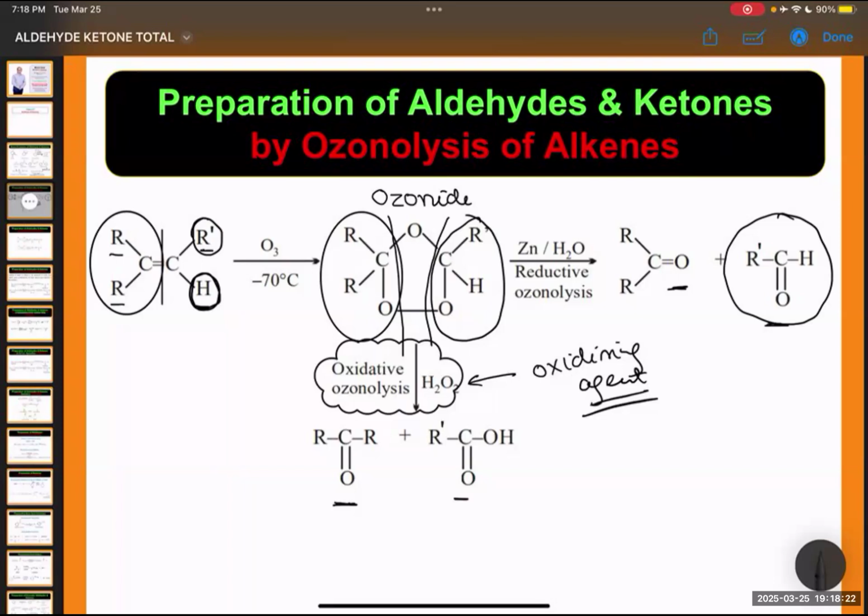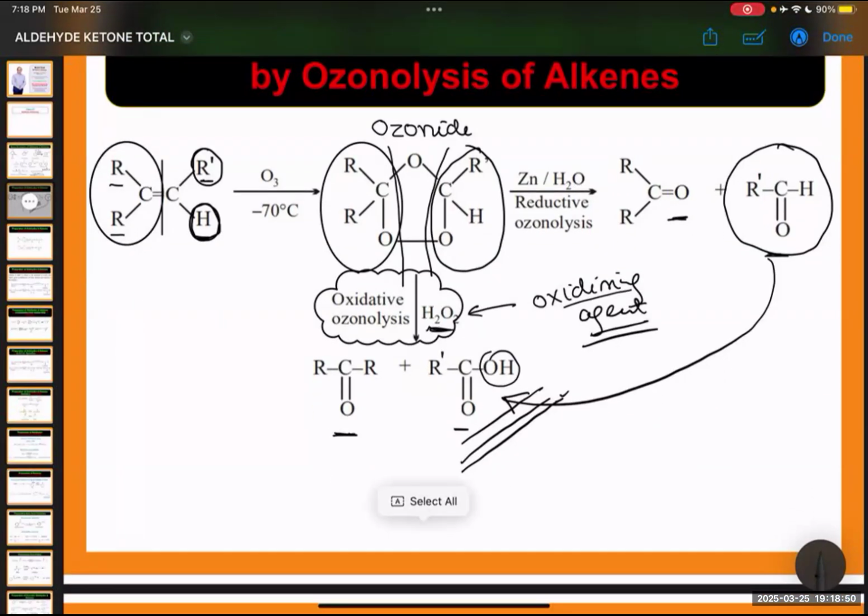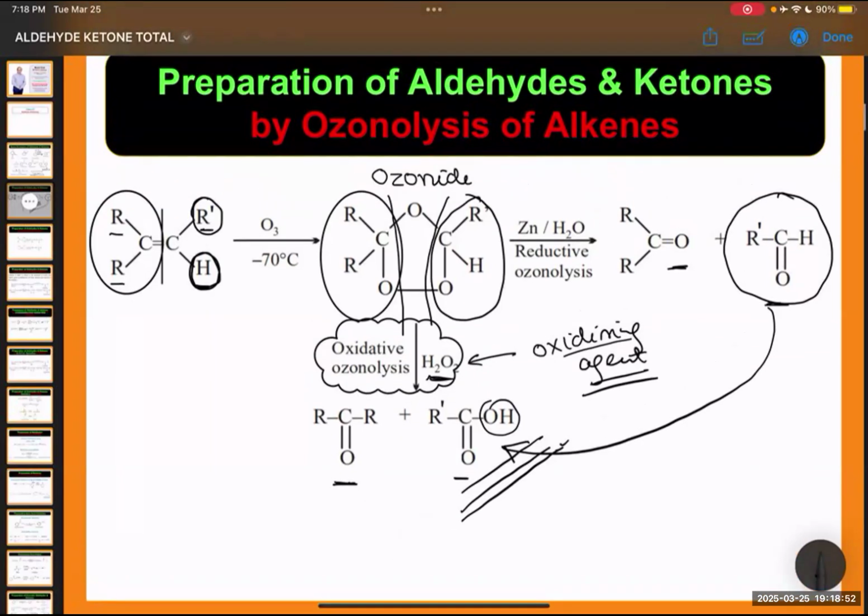Got it? If you took an oxidizing agent, it will oxidize the aldehyde to carboxylic acid. So only the part having the hydrogen will change to acid if you took H2O2. I hope this is clear. So you can get acid also, you can get aldehyde also. But if it is a ketone, it remains a ketone whether you take oxidative or reductive ozonolysis.